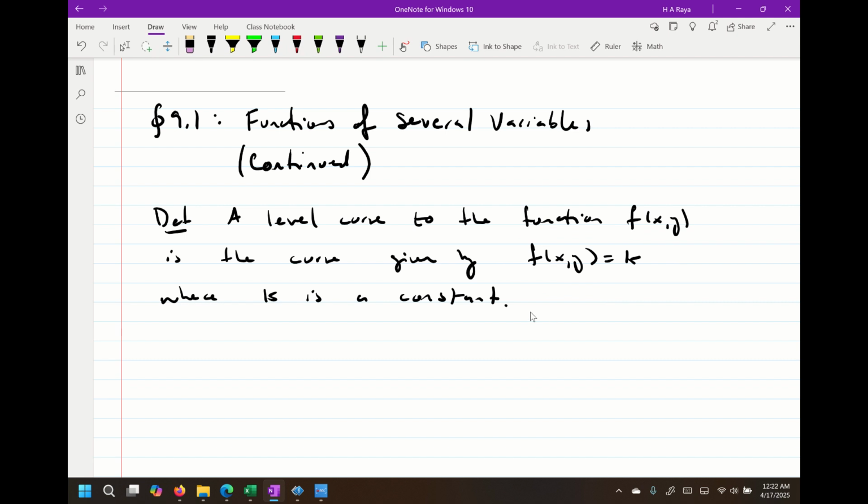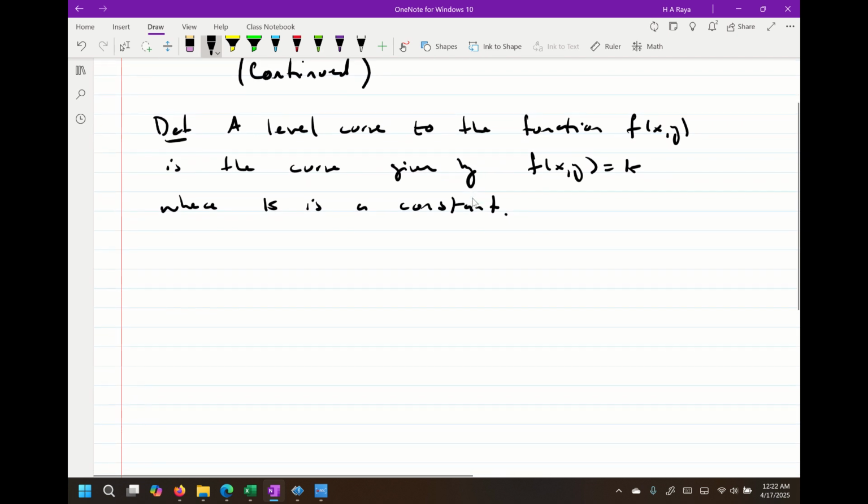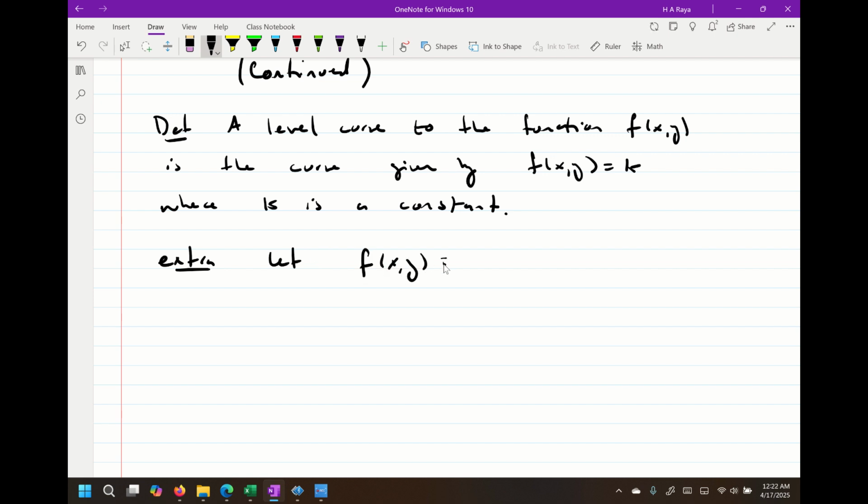So to give us some insight of what's going on here, let's look at a particular example. Suppose that we're looking at the function f of xy is equal to x squared plus y squared plus 1.